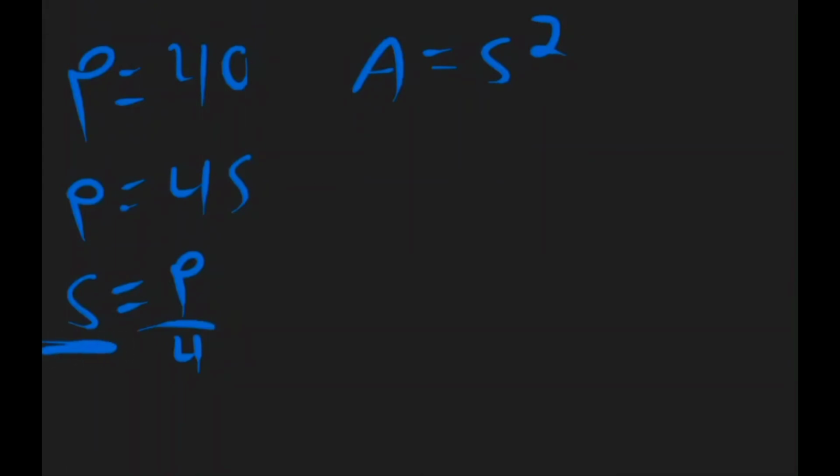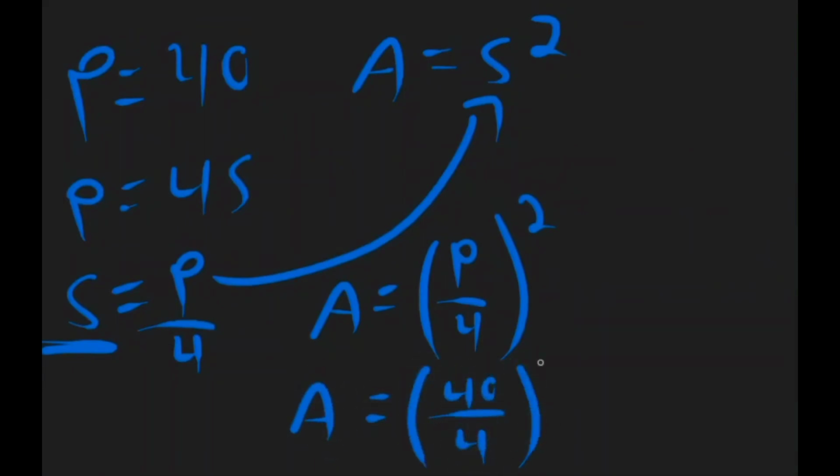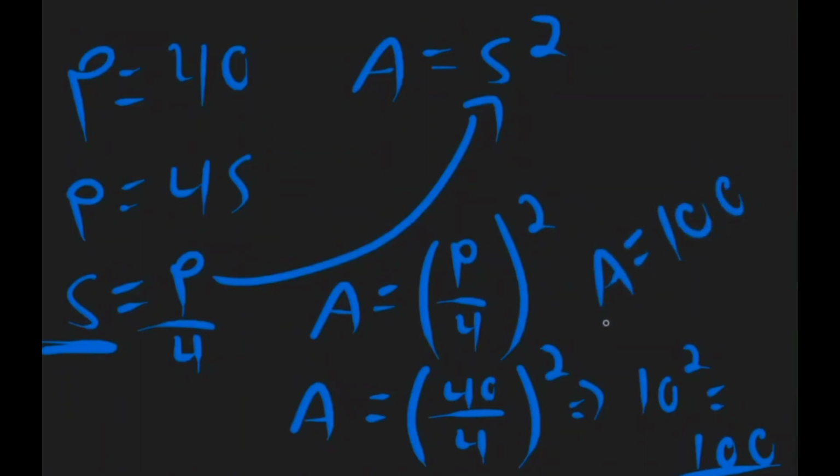And then again, we'll substitute that into there. So the area equals perimeter over 4 squared. So the area is equal to 40 over 4 squared. So the area of this square is equal to 10 squared, which is equal to 100. The area equals 100.